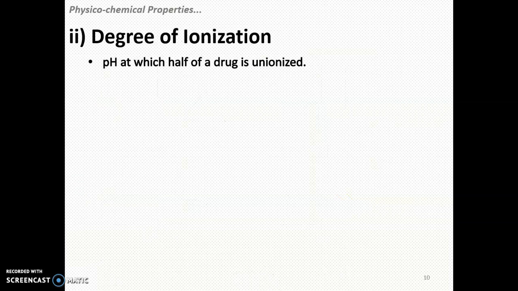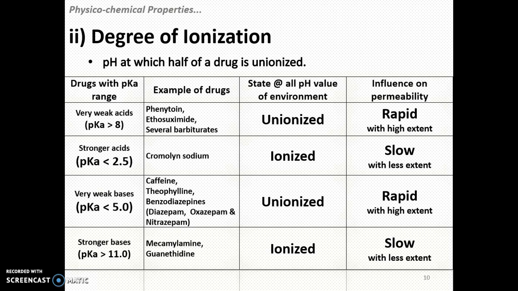Now, another physicochemical property of a drug is the degree of ionization. This term represents the pH of a drug at which half of the drug is ionized. Here we can see the impact of degree of ionization on the permeation of a drug through biomembranes.